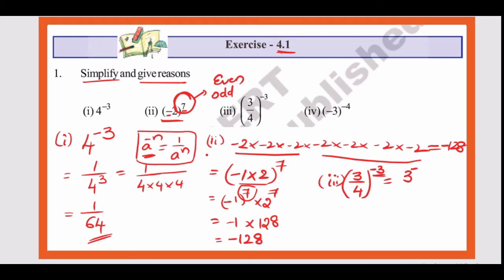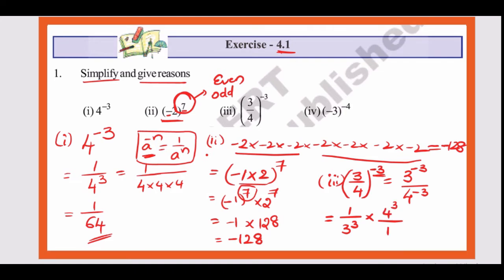So I can write 3^-3 divided by 4^-3. Since it is in the form of a^-n, I can write it as 1/a^n. So 3^-3 I can write as 1/3^3, and 4^-3, which is in the denominator, I can write as 1/4^3.